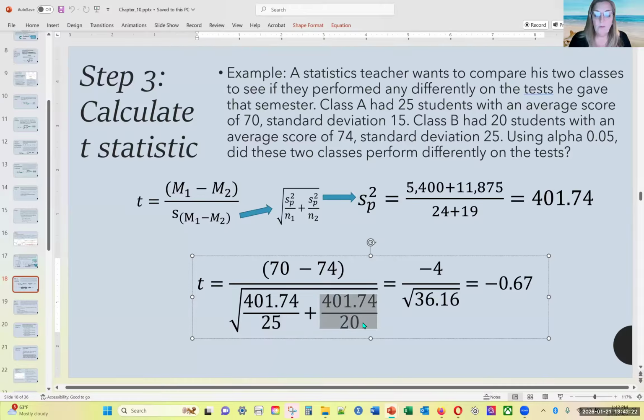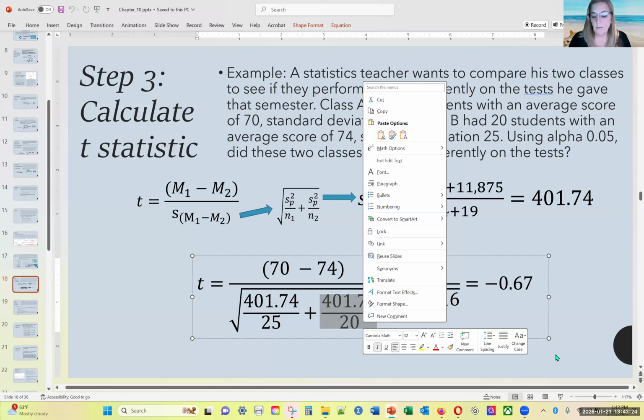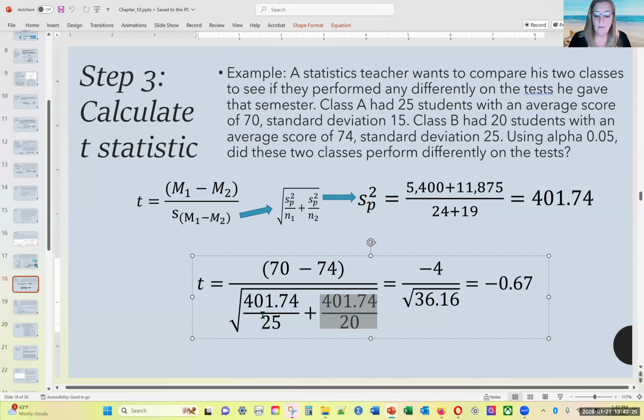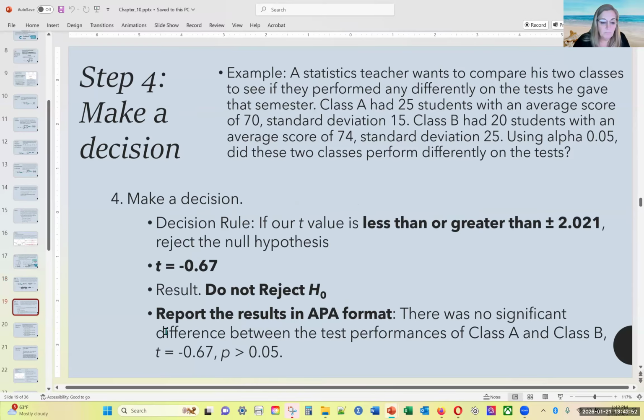Once you do that, you add both of those values, and you arrive at 36.16, and then you need to find the square root. Take the square root of 36.16, divide it into 4, which is the difference between our groups' means, and you'll find that the answer is negative 0.67. So t equals negative 0.67.